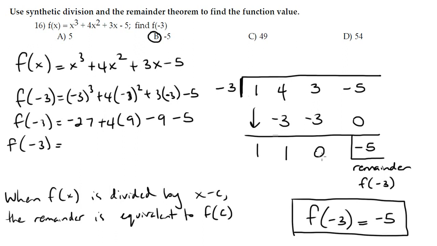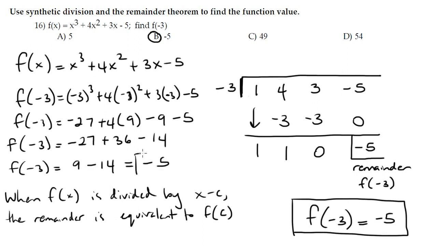Notice how all these numbers are so small. The absolute value of none of these is greater than 5. But over here, I've got -27, I've got a plus 36, -14. Got some values to contend with. -27 plus 36 is 11. No, that's 9. And 9 minus 14 is -5. So I get the same solution. f of -3 is -5.